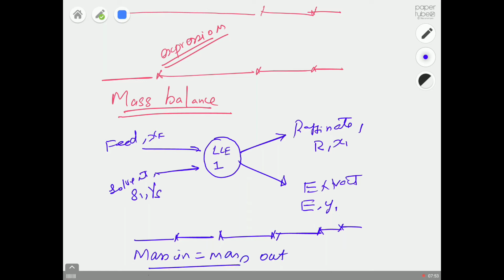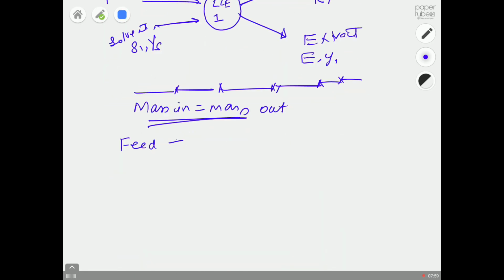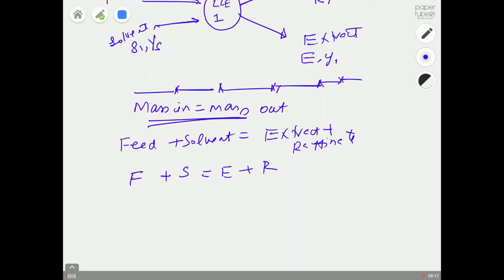If this rule is true, then your feed plus solvent should be equal to extract plus raffinate. So your feed is F, your solvent is S, that should be equal to E plus R, and we are using some notations like S1, E1, R1, and this should be equal to the weight of your mixture.